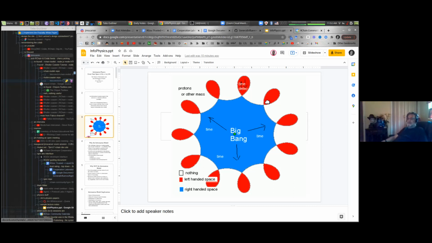The delay is actually caused by photons traveling between these red things. They create the time space by instantiating local delay.